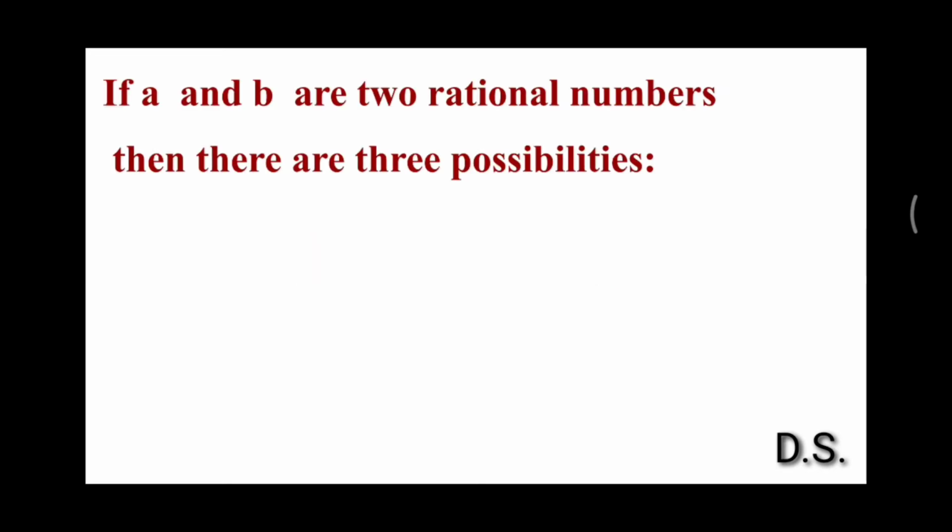Now, in this episode, I am going to solve problem set 1.2 exclusively. Before I start, let me brief some basic concepts. If a and b are two given rational numbers, then there are three possibilities. First, a is less than b.